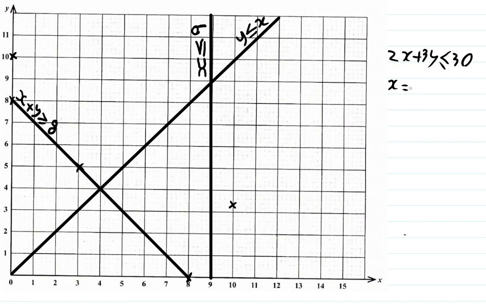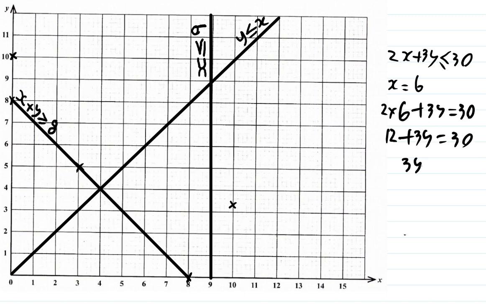Suppose we try 6. When x is 6, what is y? 2 times 6 plus 3y is equal to 30. Pretend as if it's an equation for a while. 2 times 6 is 12. 12 plus 3y equals 30. 3y equals 30 minus 12 is what? 30 minus 10 would be 20, then you drop to 18. Right? Just doing it mentally.